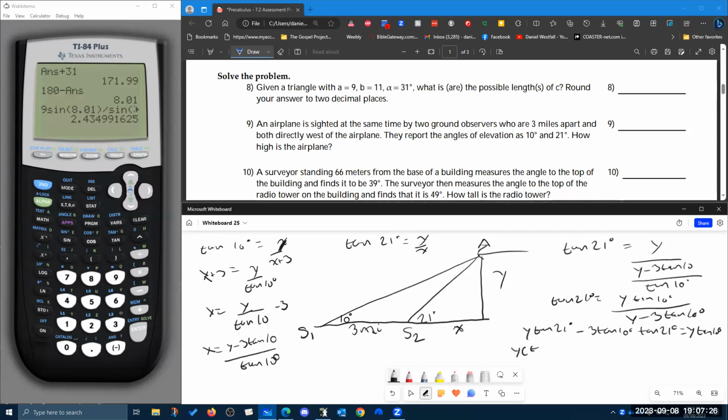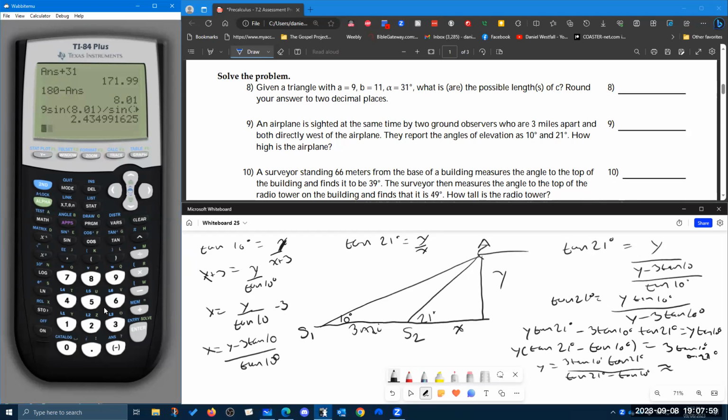So y times tan 21 minus tan 10 is equal to 3 tan 10 tan 21. And y is equal to 3 tan 10 tan 21 over tan 21 minus tan 10, which is approximately, let's type this in.